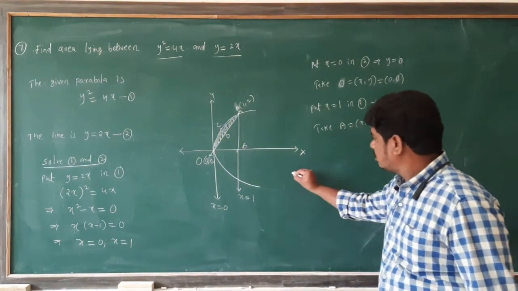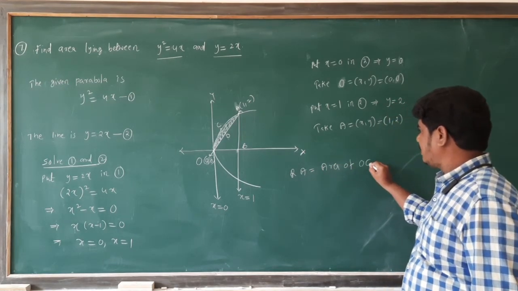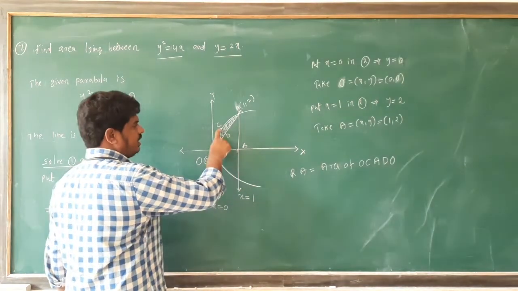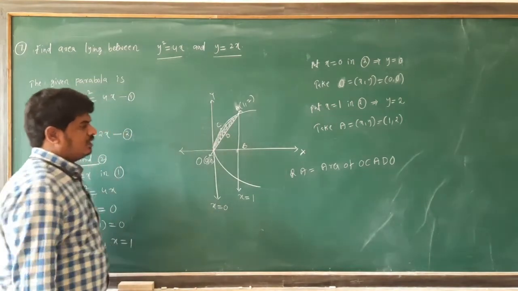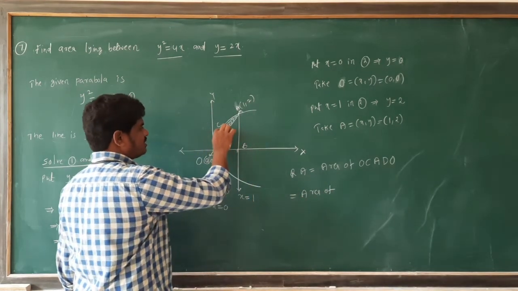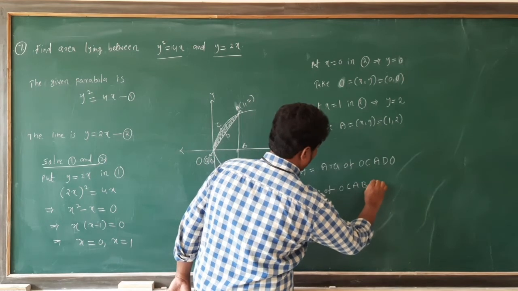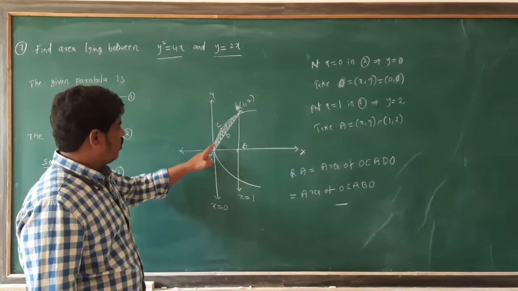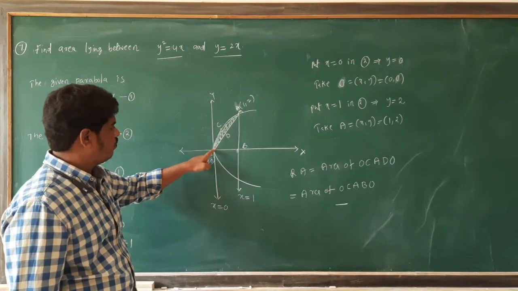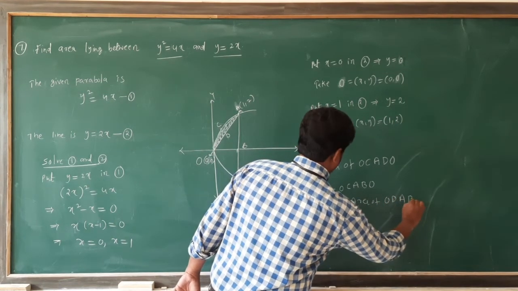Required area is equal to area of OCABO minus area of ODABO.